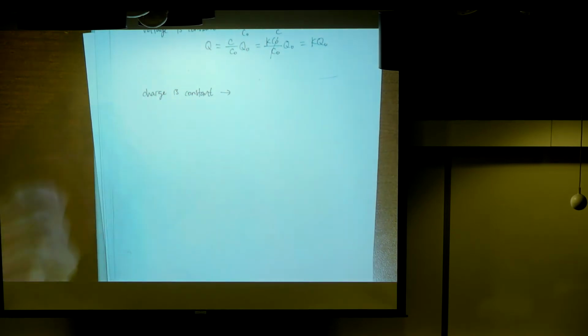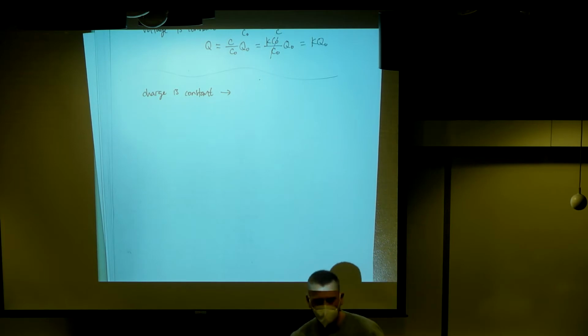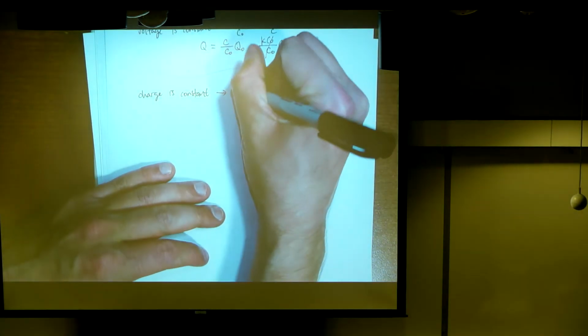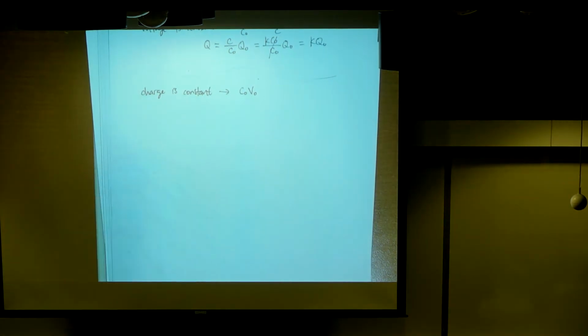So for a capacitor, how could I write the amount of charge present in terms of C and V? Q is equal to just C times V for a capacitor. But the idea here is, initially, we're going to call that C naught times V naught, because this is before we've added the dielectric.